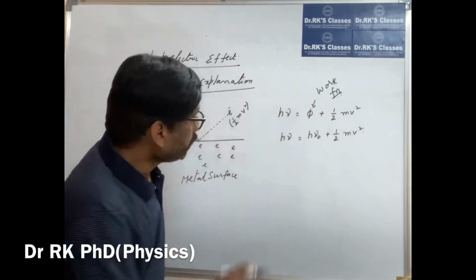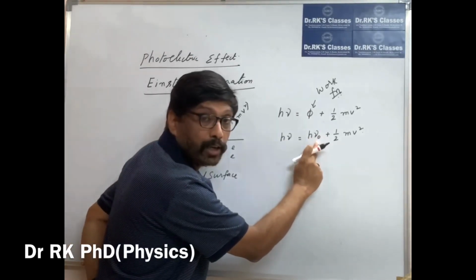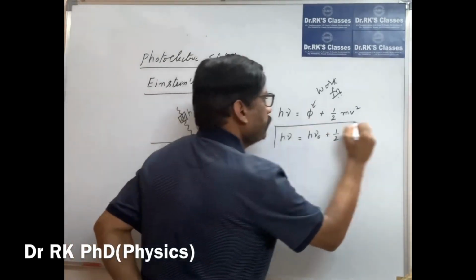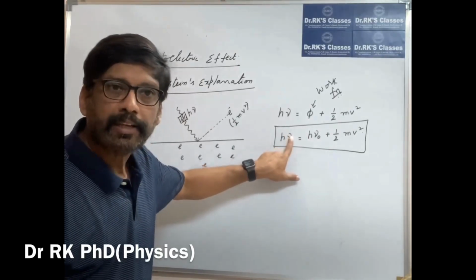So we can write the incident photon energy h nu equals h nu naught, where nu naught is the threshold frequency, plus half m v square. Remember, this is the very popular Einstein's photoelectric equation.